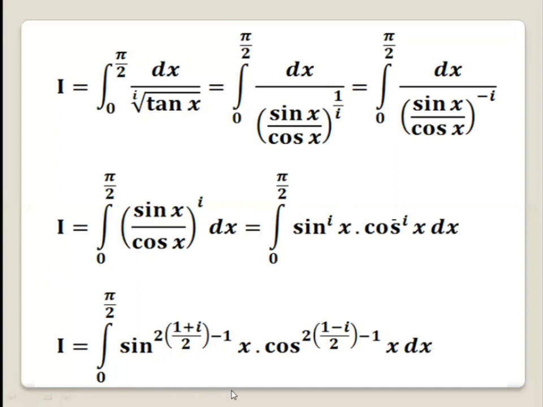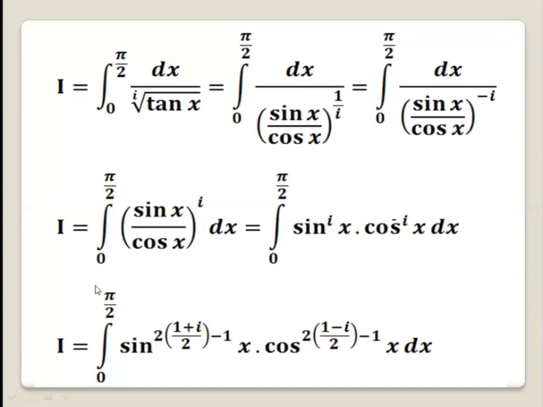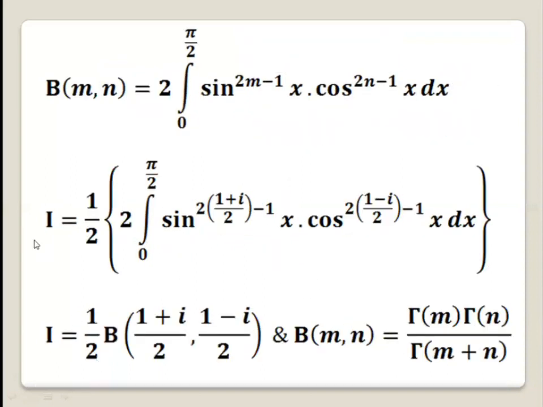And so I is now in the form of the integral from 0 to pi over 2 of sine power 2m minus 1 of x multiplied by cosine power 2n minus 1 of x dx. Now we have to make this 2, so I can be written as half multiplied by 2 and multiplied by this whole term.